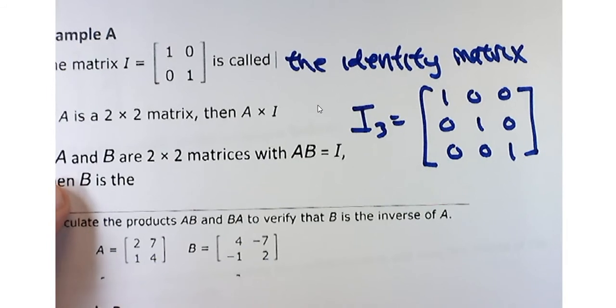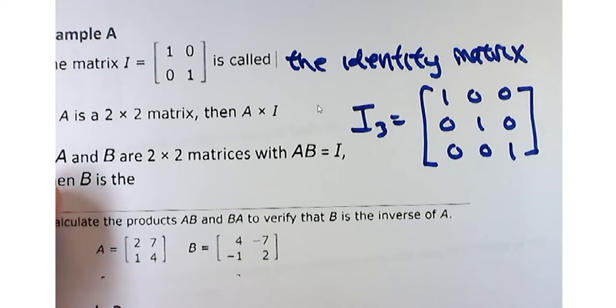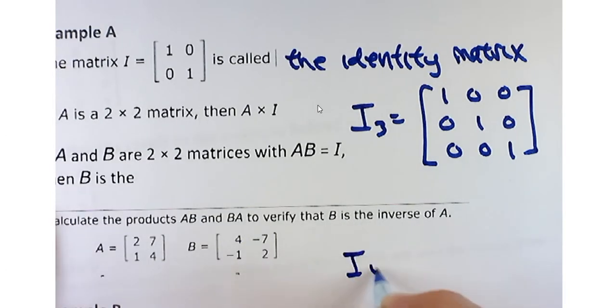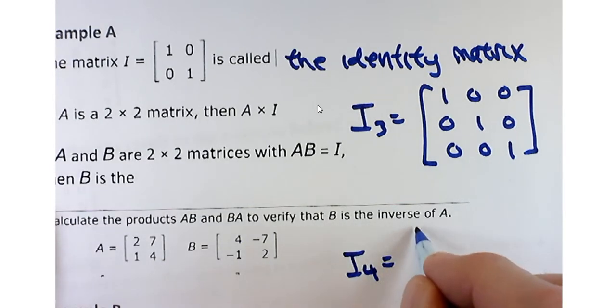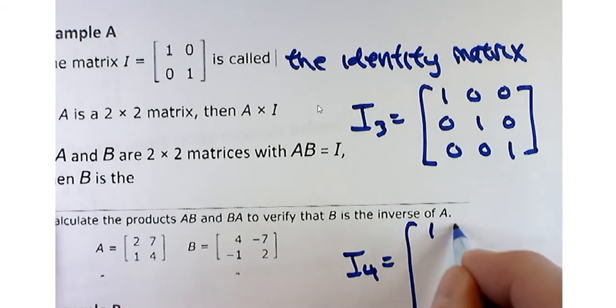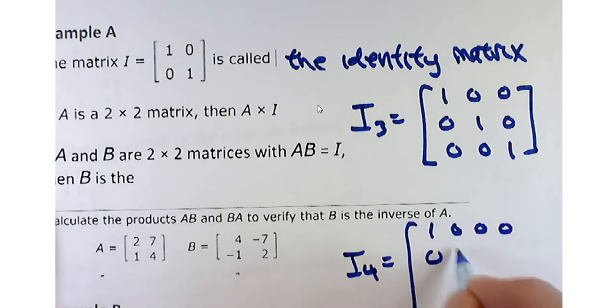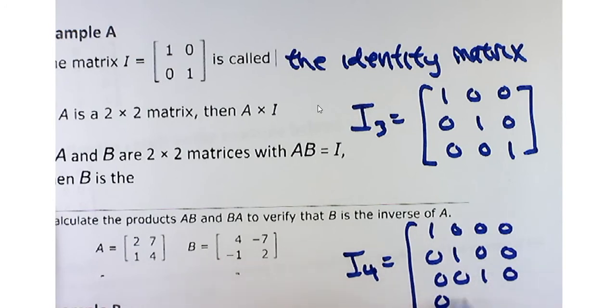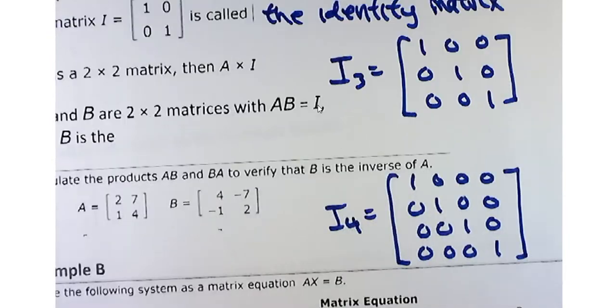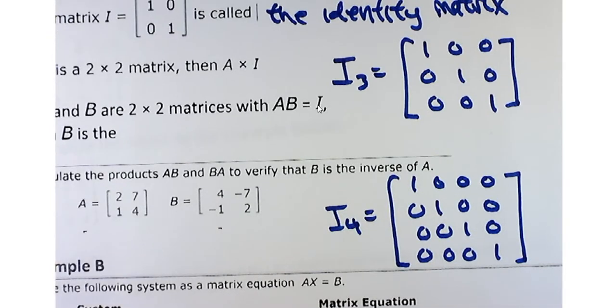Does anyone want to take a shot at what I4 is going to look like? I4 is again going to be a square matrix, 4 by 4: 1, 0, 0, 0, 0, 1, 0, 0, 0, 0, 1, 0, and 0, 0, 0, 1, and so on. You can have identity matrices of any size.